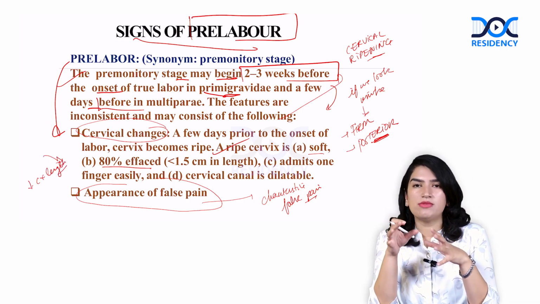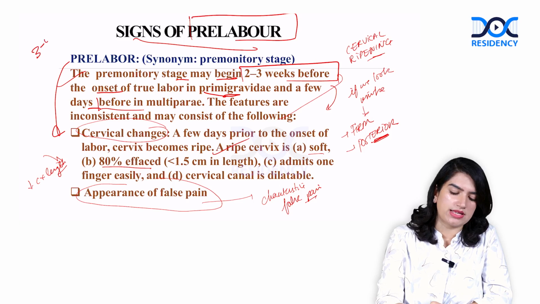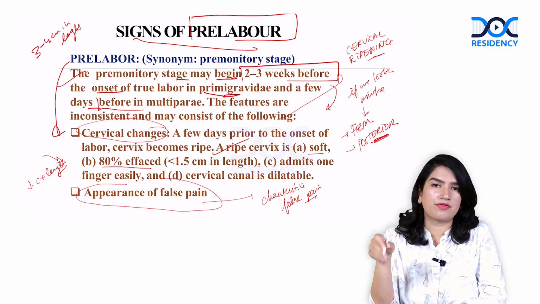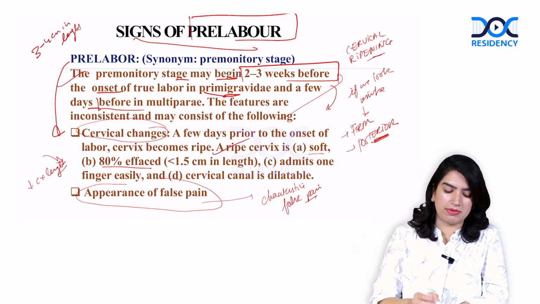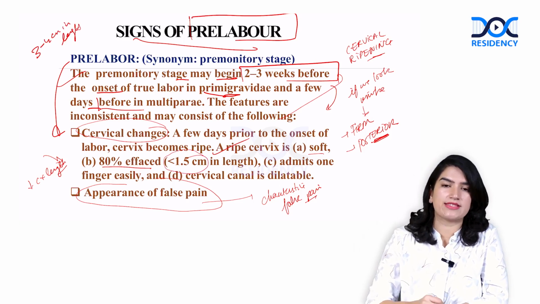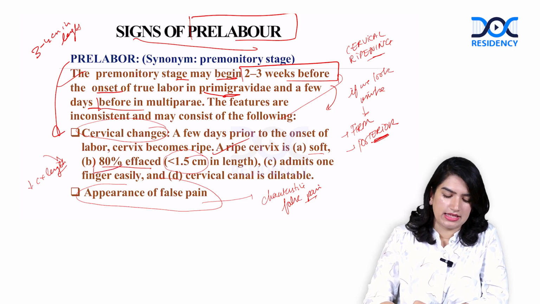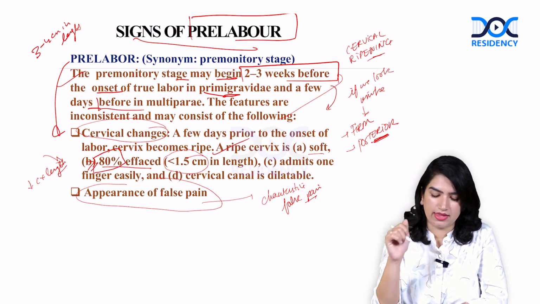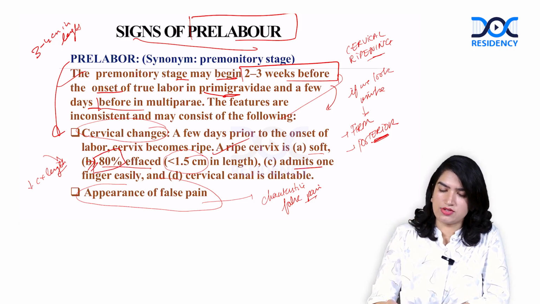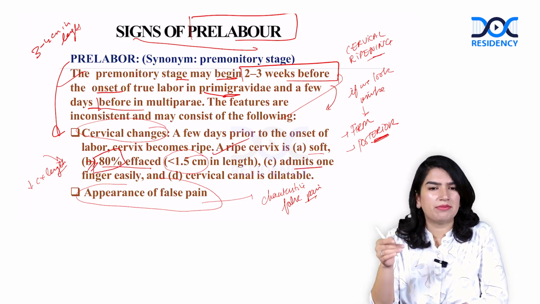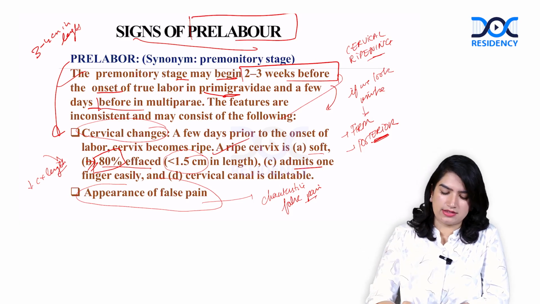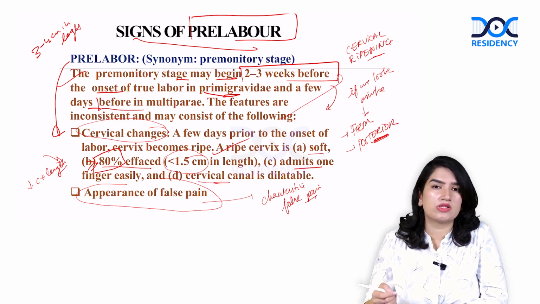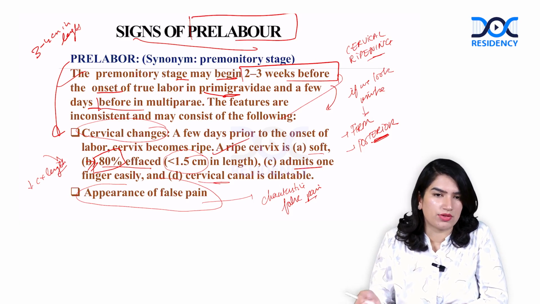So if you look at a normal cervix, it is 3 to 4 centimeters in length, and with progressive effacement or taking up, it becomes less than 1.5 centimeters in length, that is, equal to or more than 80% effacement is seen. What about the dilatation? It easily admits one finger, and the cervical canal is also dilatable on examination.